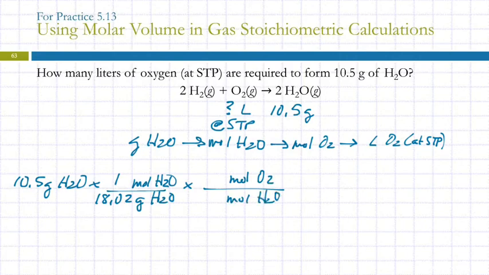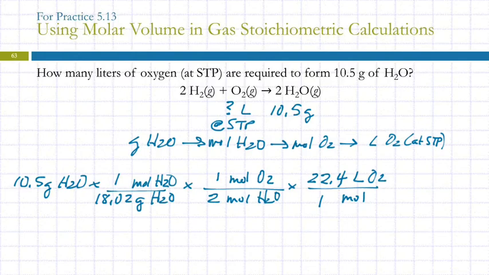We look at the balanced chemical equation, and we get 2 moles of water for every 1 mole of oxygen. Then here I want liters of oxygen on top and moles on the bottom. It's the volume of 1 mole. So 22.4 liters is 1 mole.